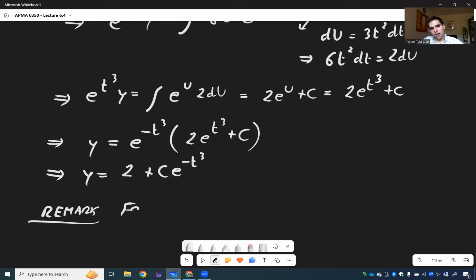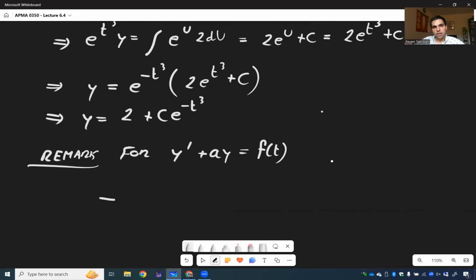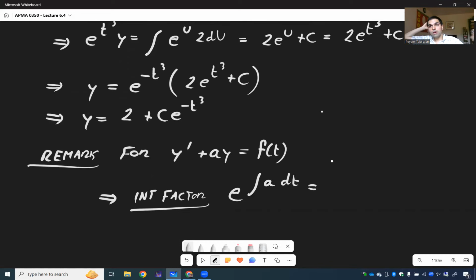Because for y prime plus ay equals f of t, let's see what happens when we apply this formula. The integrating factor is e to the integral of a dt, but an antiderivative of the constant a is just at, plus c, but we ignore the constant. So e to the at.